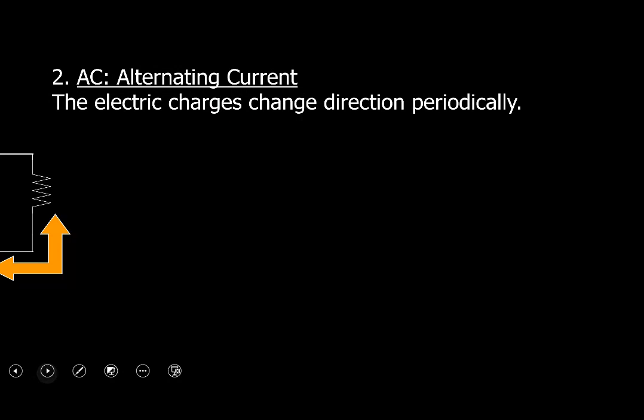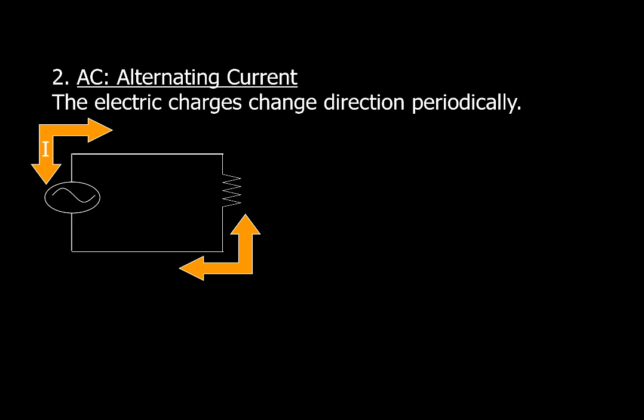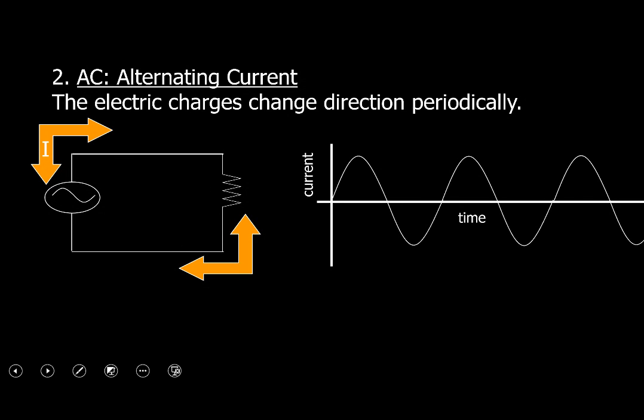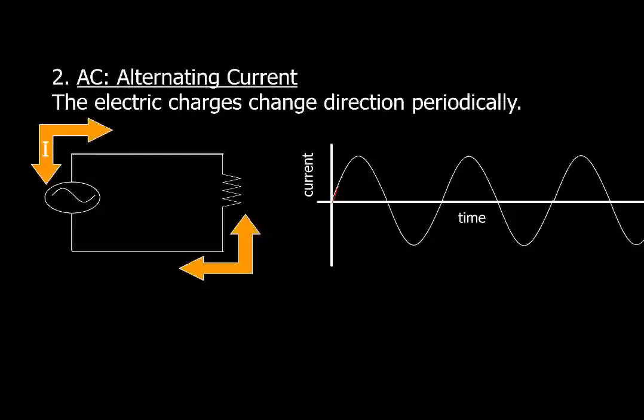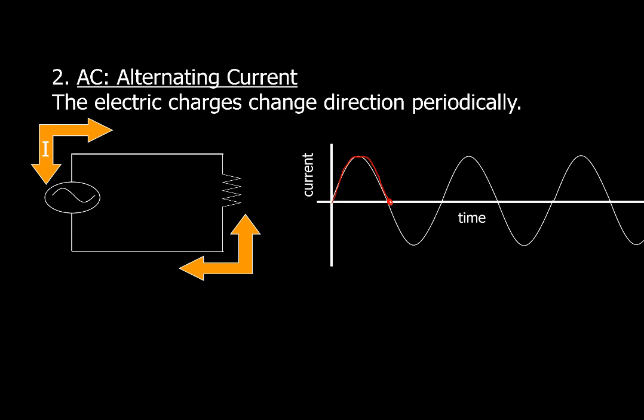Alternating current's a little different. The symbol for an alternating source is that circle with that squiggly line there. And that squiggly line is because if we were to graph the current versus time, you'd find the current goes up and down, back to zero. This would be zero current, and then into the negatives. So it goes back and forth, back and forth. If I were to think of one electron in this circuit, it vibrates back and forth, wiggles, really.